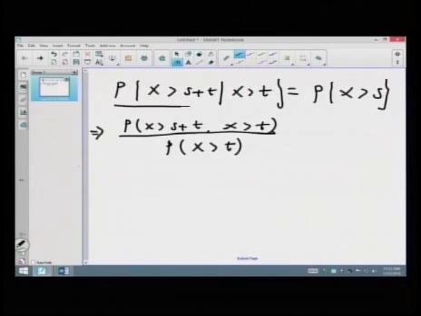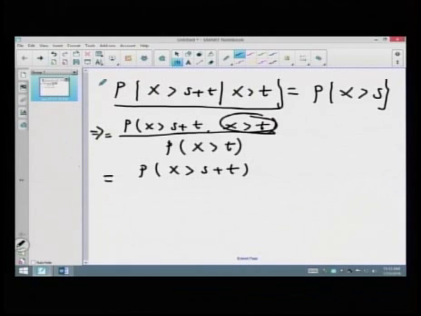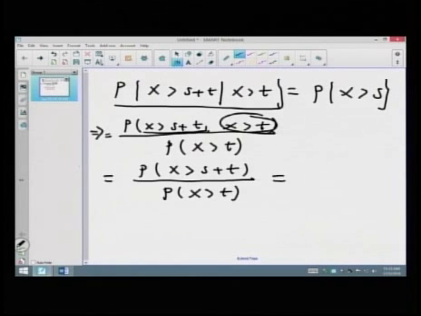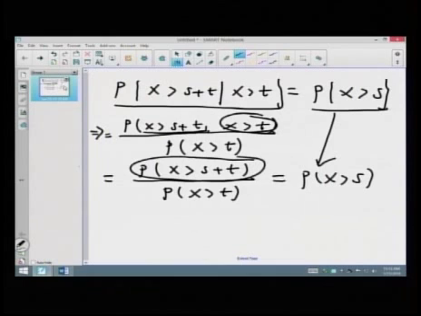The information in the numerator is redundant, so it reduces to the probability that X is greater than s plus t. Finally, this is the same as the probability that X is greater than s times the probability that X is greater than t.